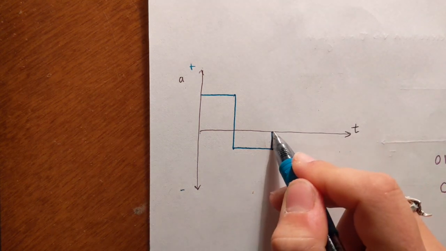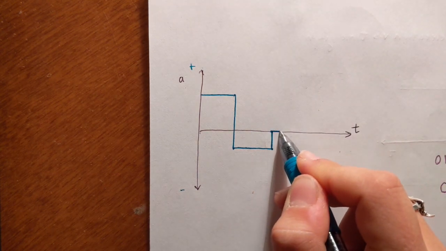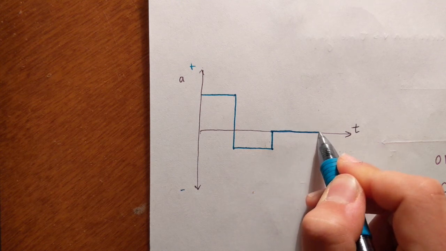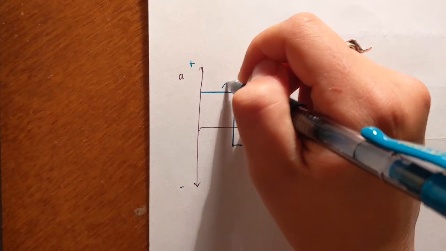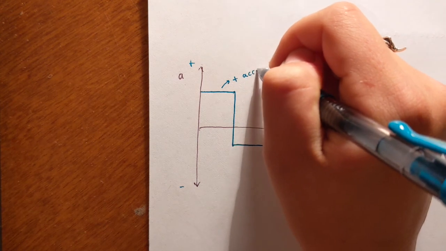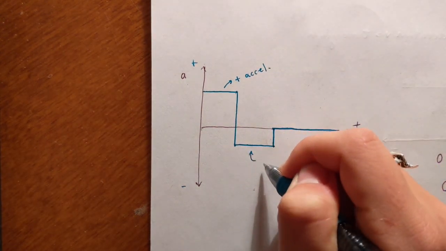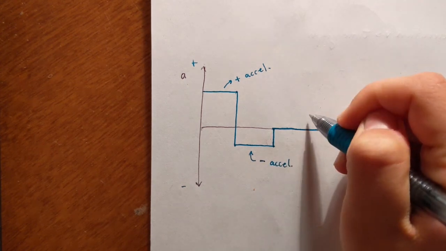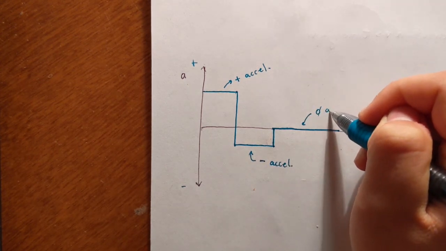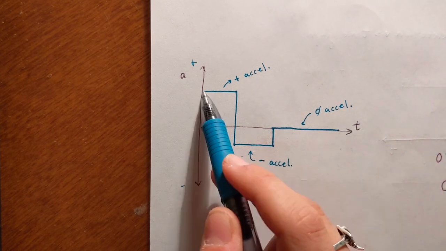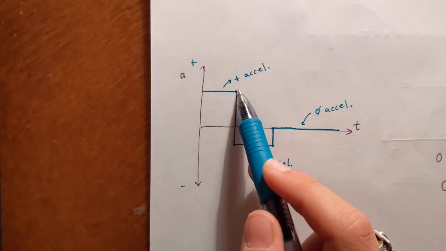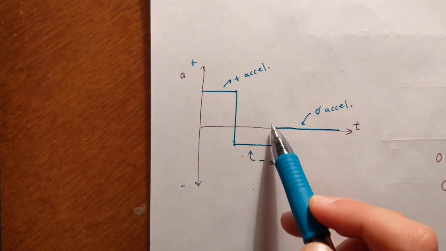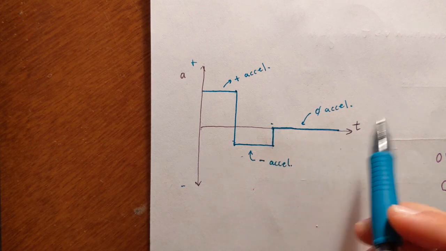And then if the object is moving with 0 acceleration, as time passes, you would get your line like that. So that's a positive acceleration, that's a negative acceleration, and this is 0 acceleration. When the acceleration changes, you just drop straight down or go straight up and draw your new acceleration.